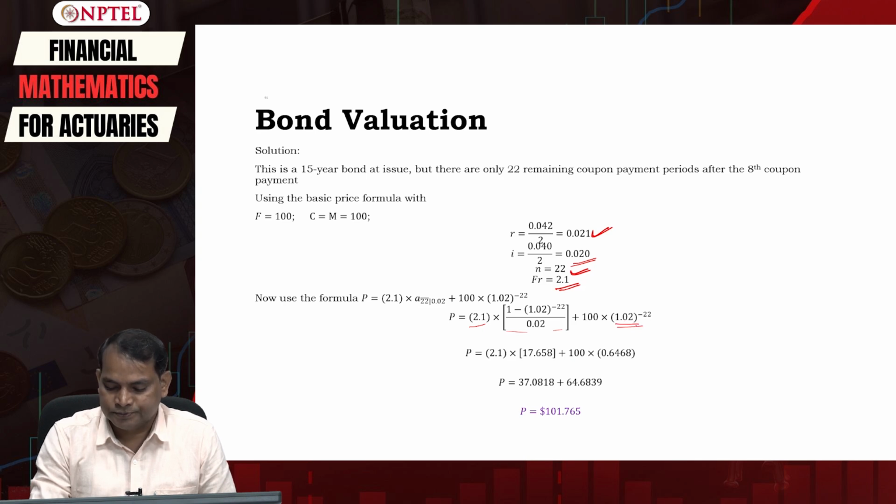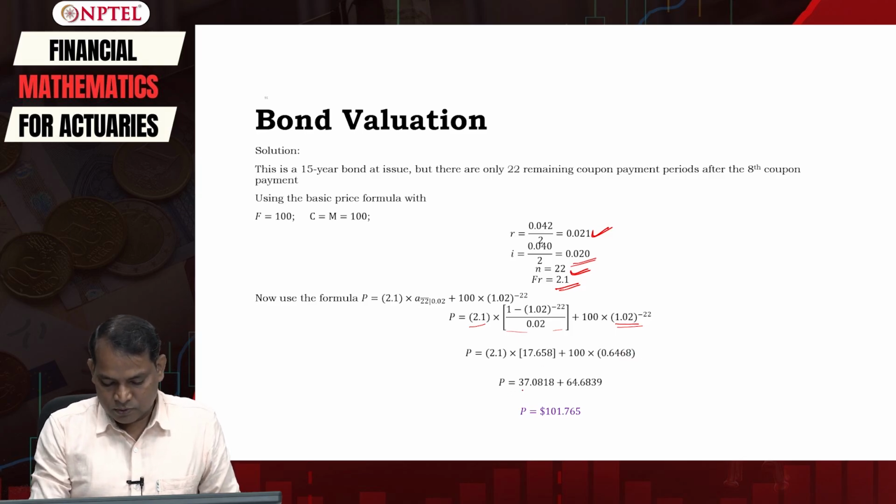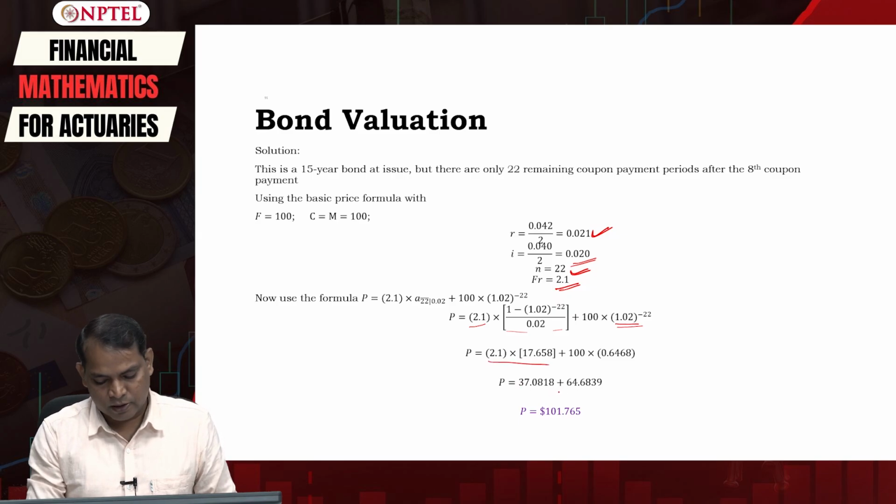And here we can use our calculator to compute this. 1.02 raised to minus 22 will give us 0.6468. And then upon calculation we will have 37.0818 plus 64.6839. So the price of the bond is equal to 101.765.